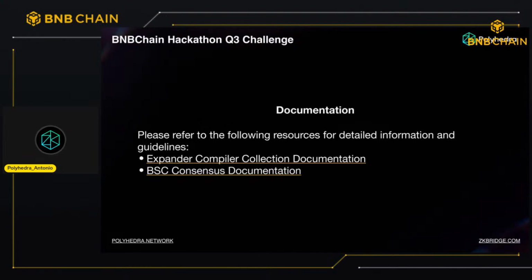You can find them. If you don't find them, you can also ask in our Discord server. We'll have our DevRel people helping you, guide you through the process. Then, because we are proving the correctness of BNB chain block headers, you need to understand how the consensus works, which should be a simple deal for a lot of you, since we have a bunch of BNB chain builders here.